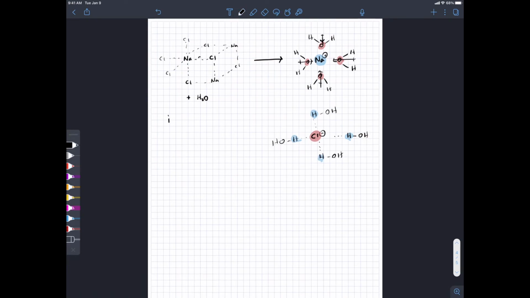Over here we had ion-ion interactions, and over here we had ion-dipole interactions. Now, when we talk about equilibrium constant, really we're also talking about free energy.